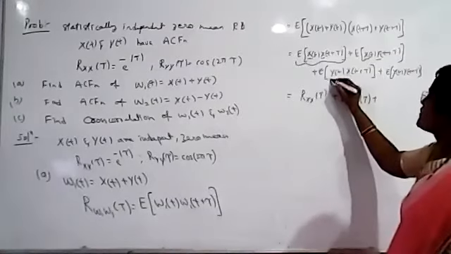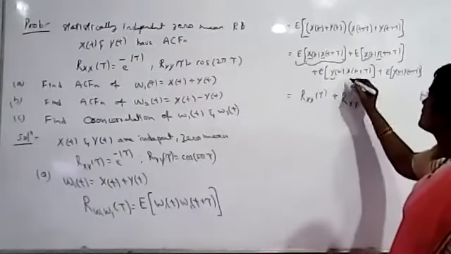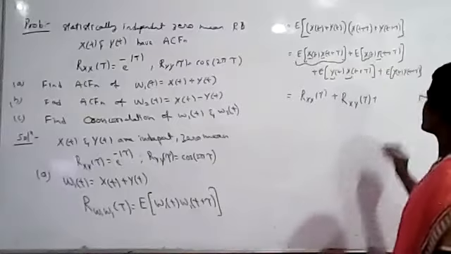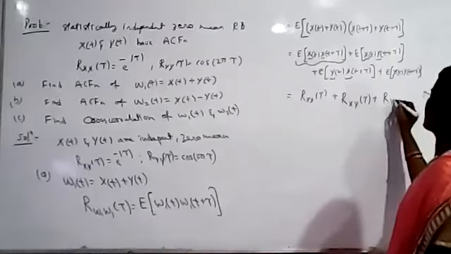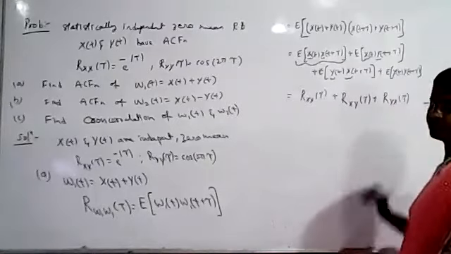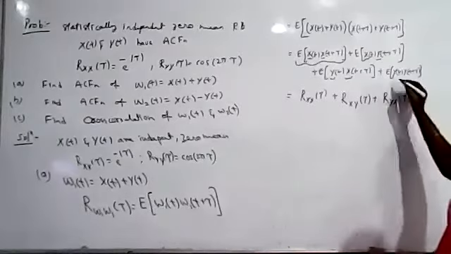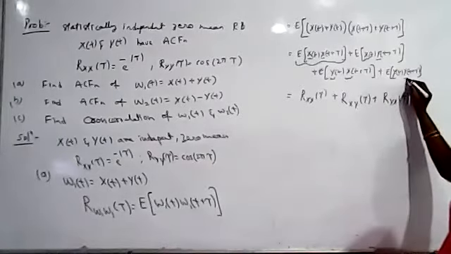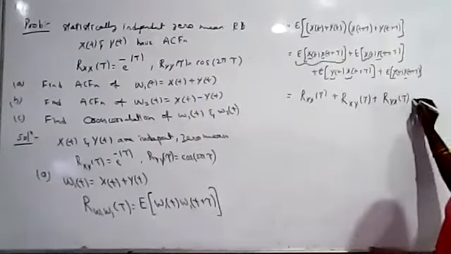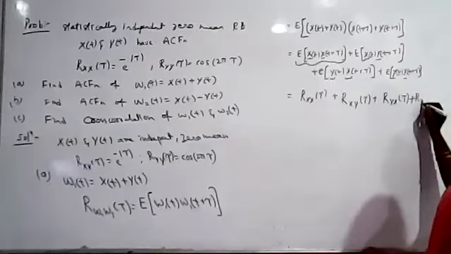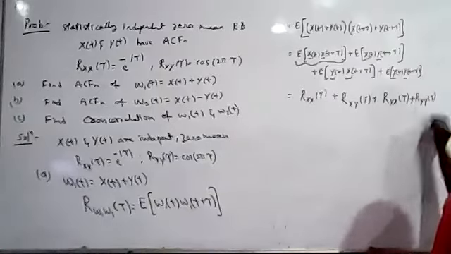And observe here, the first variable is from y, the second variable is from x, so it is Ryx of tau. Now observe the last two: these are from the same random process y only, so it is Ryy of tau.